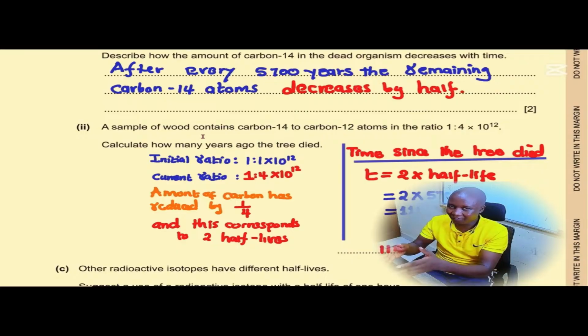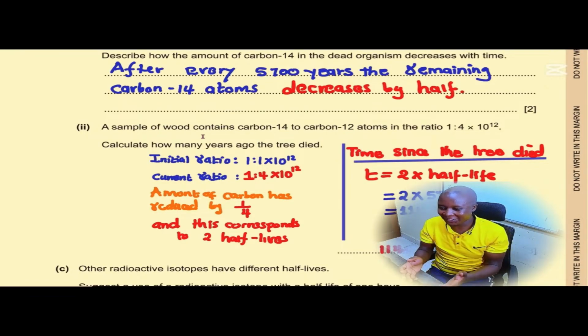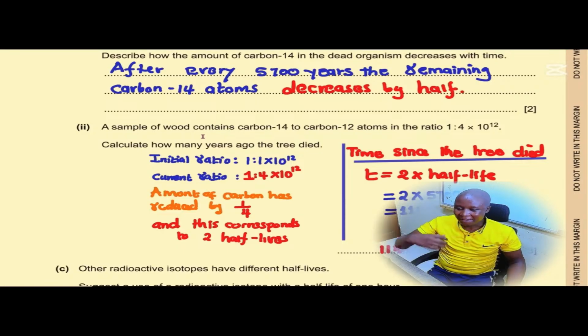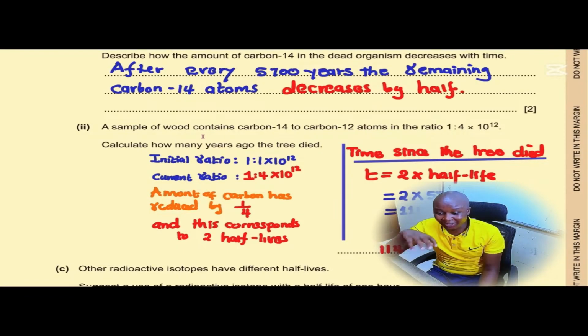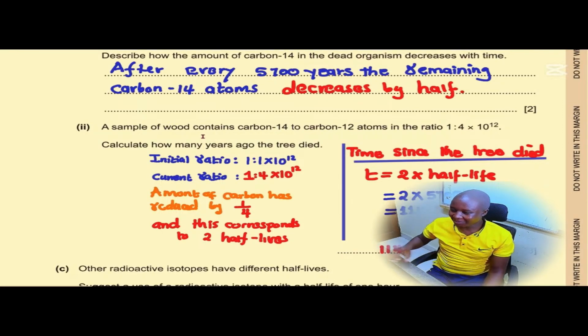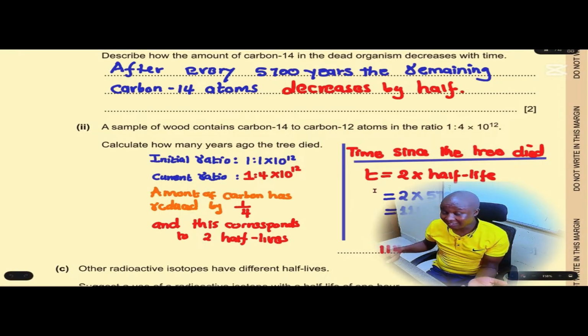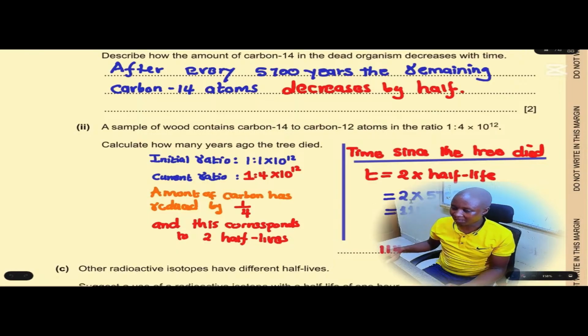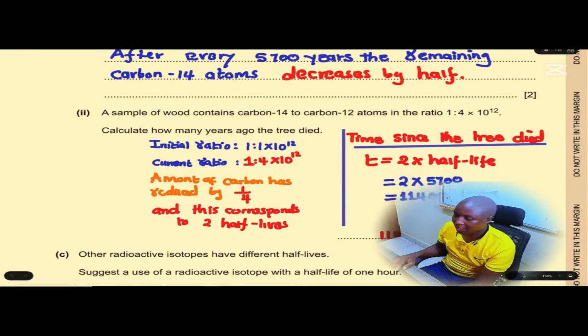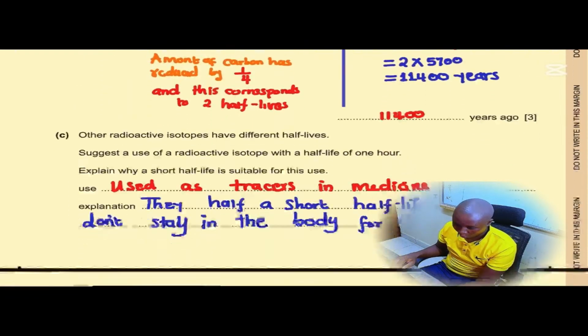After another half-life, the half becomes a quarter. So this quarter corresponds to 2 half-lives. And we know one half-life is 5,700 years. So the total duration since the decay began is going to be 2 times 5,700 years, and that becomes 11,400 years ago.